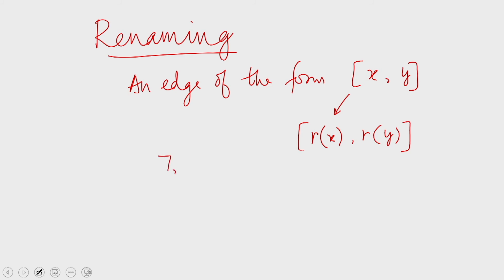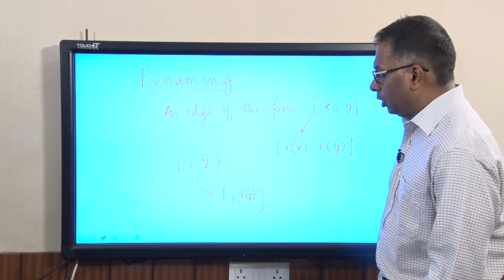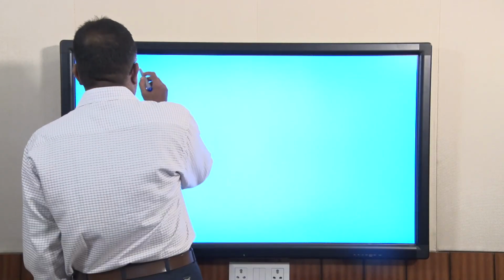So, if we had an edge of the form 7 and something, this will have to be renamed as 4 and something. Here of course, if this is y, we should be filling in r of y, the root corresponding to the node y, the root of the tree containing node y. So, this is how we are going to rename the edges of the graph. So, this is what we do in the next step. So, in step 5, we do the renaming of edges.